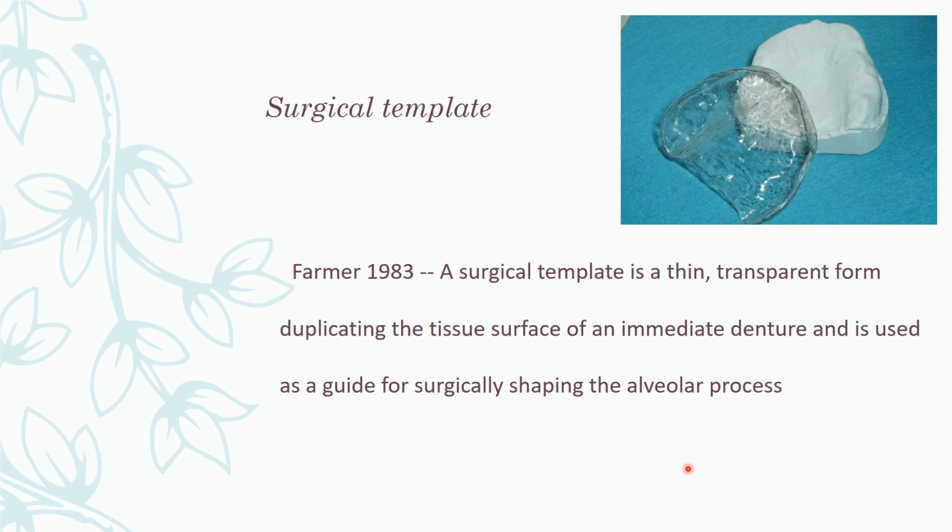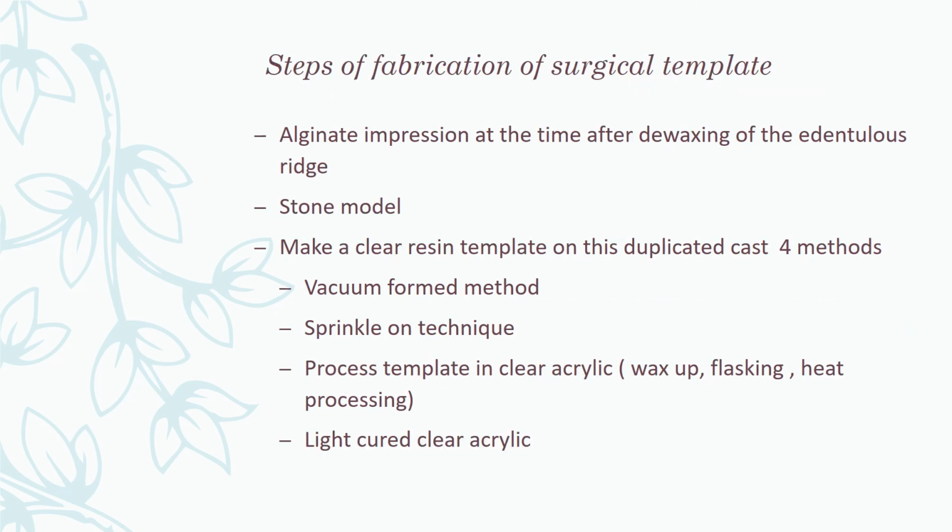So it can be used for shaping the edentulous ridge. Because you're trying to make a dentulous cast edentulous, you're supposed to have concavity throughout, and this can be helped by the template. So the steps of fabrication, we are here talking about steps only to fabricate a surgical template. An alginate impression of the edentulous ridge is taken after dewaxing. A stone model is poured.